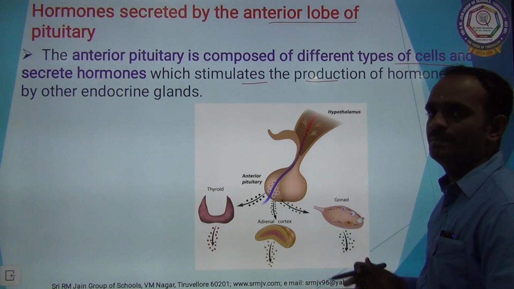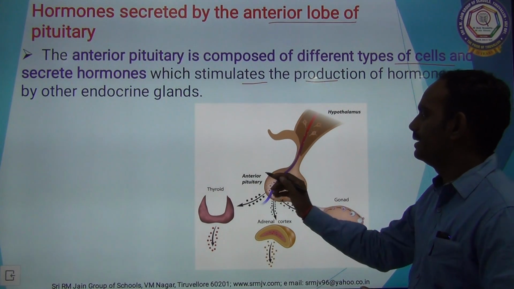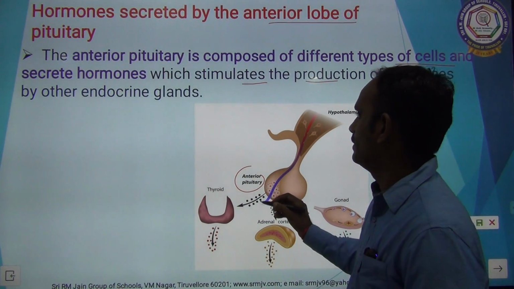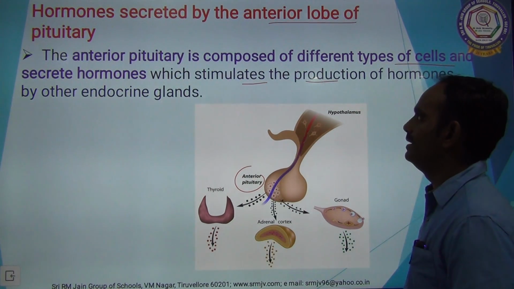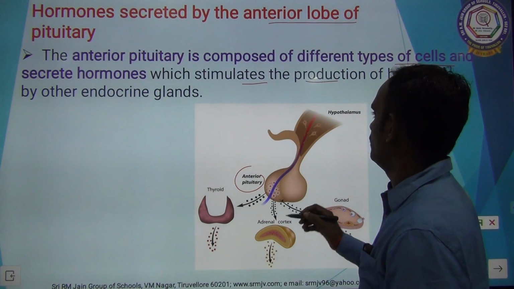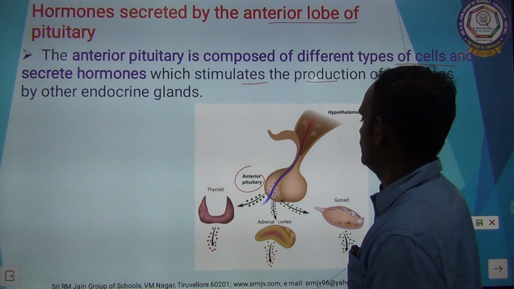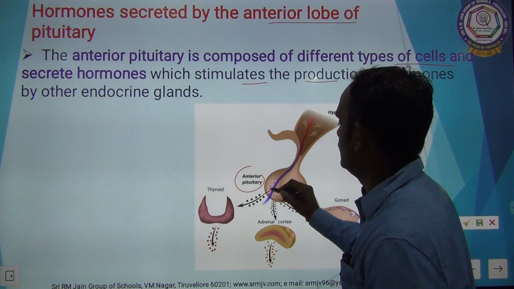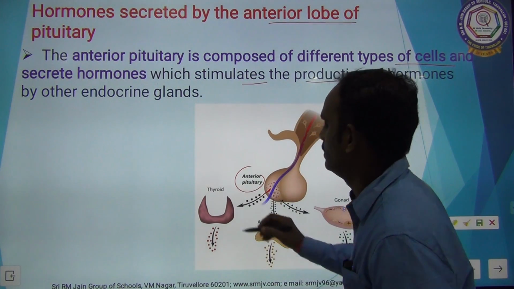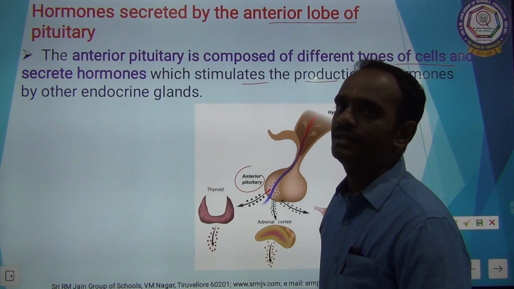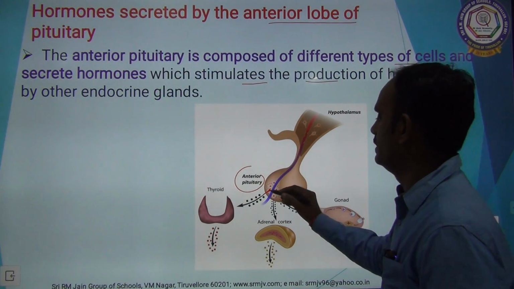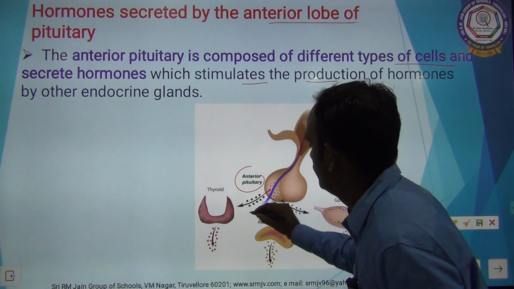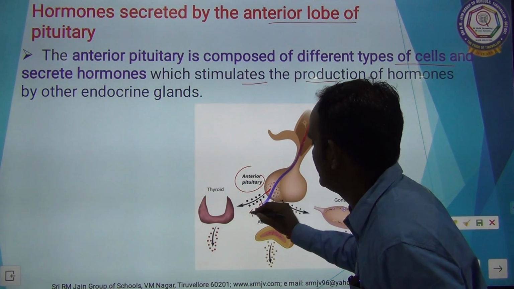See here, this is a picture of the anterior pituitary. This anterior pituitary secretes hormones which stimulate the production of hormones by other endocrine glands. See the hormones secreted by the anterior pituitary, for example thyroid stimulating hormone, TSH.